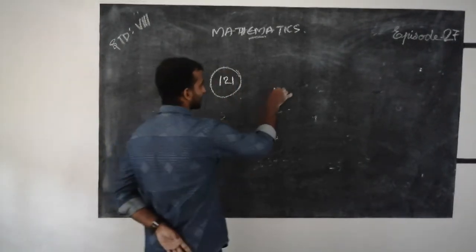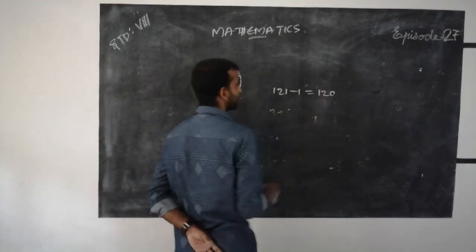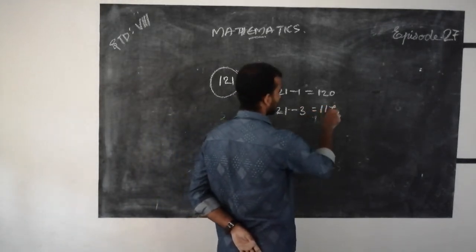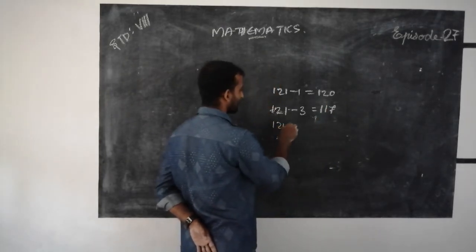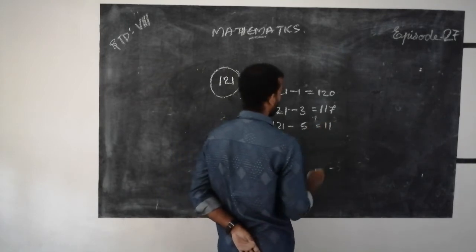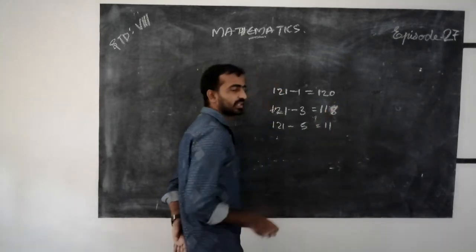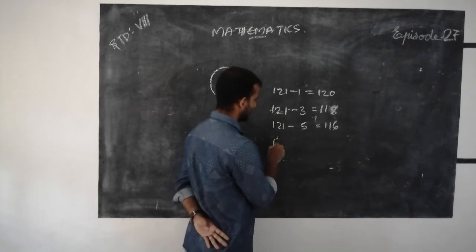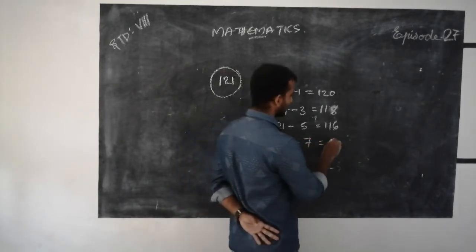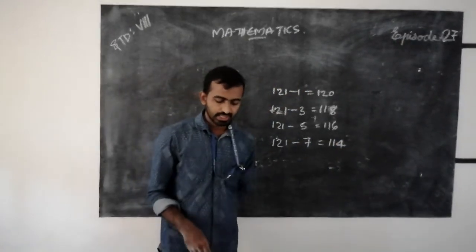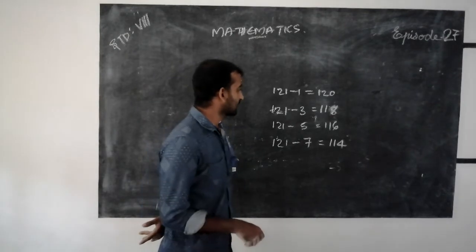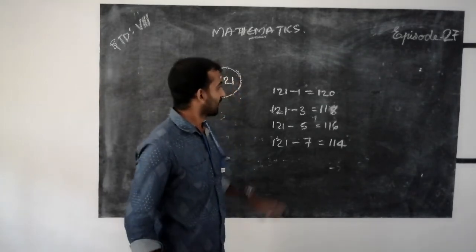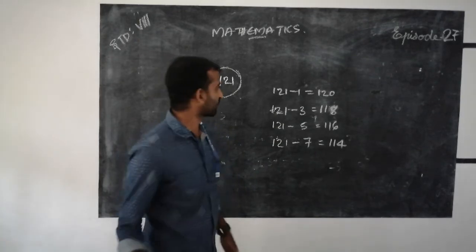First, 121 minus 1, we get 120. 120 minus 3, we get 117. Next 5, then 7, and so on.